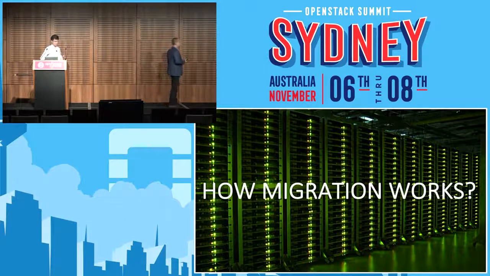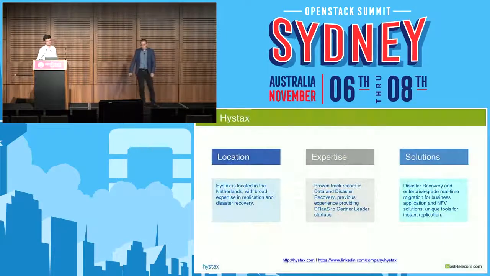This is when we became familiar with OpenStack, and we were pretty surprised by the community and the successes OpenStack had, but a little disappointed that there was no straightforward way to migrate any type of workload to OpenStack. This is why we decided to found a company and focus our efforts on this.